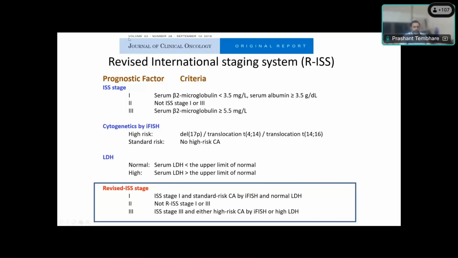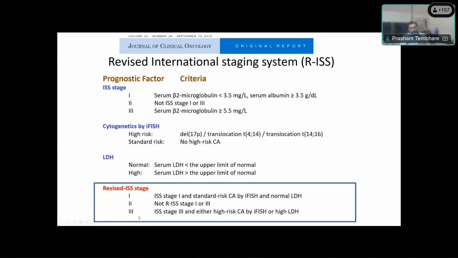So what we do here, we incorporate these things. If we take ISS stage 1 with standard-risk FISH, that is cytogenetics, and normal LDH level, it is categorized as revised ISS stage 1. Revised ISS stage 3 includes ISS stage 3, and either high-risk cytogenetics or high LDH level.